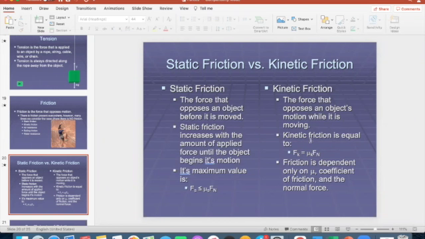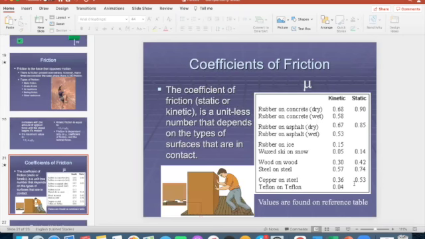Kinetic friction is going to be F subscript K. These are some coefficients of friction, nothing that you need to memorize. Anytime you need a coefficient, I will give that to you on a quiz or a test. It's not something that you need to take up space on your formula sheet with.